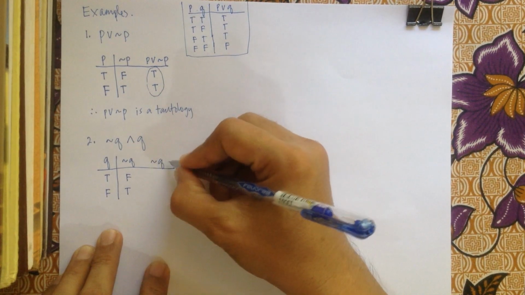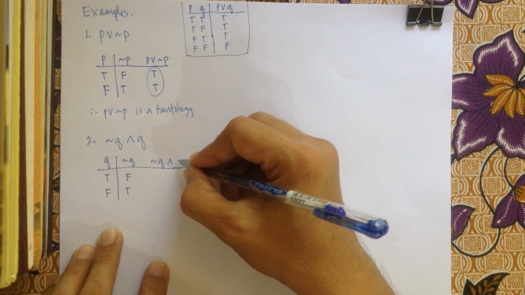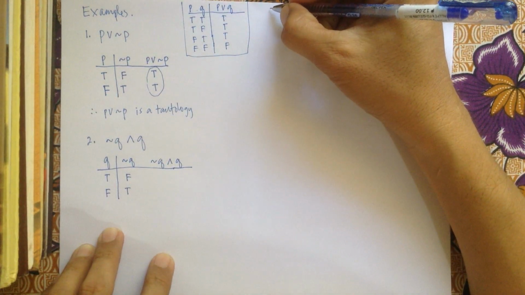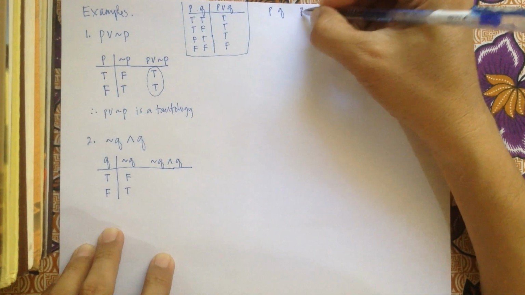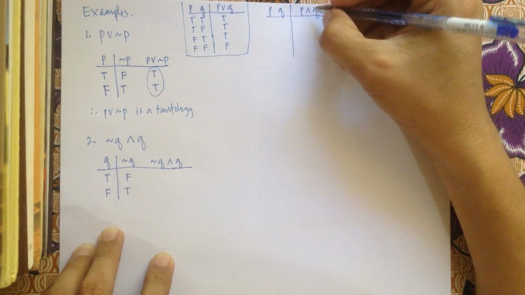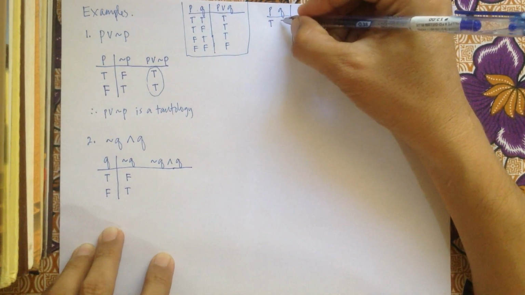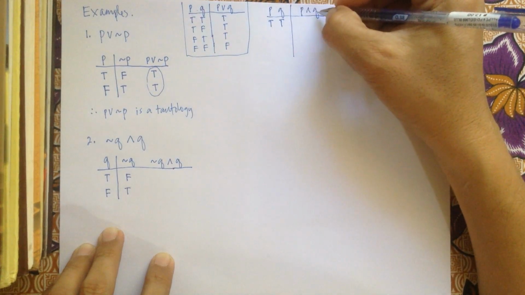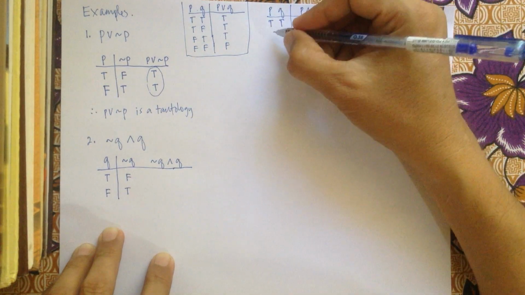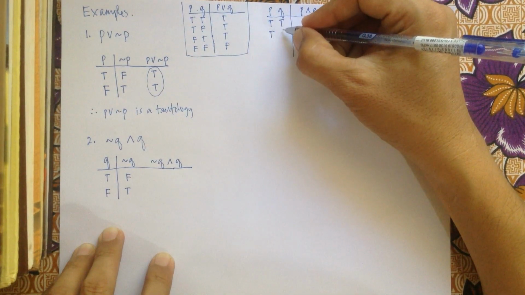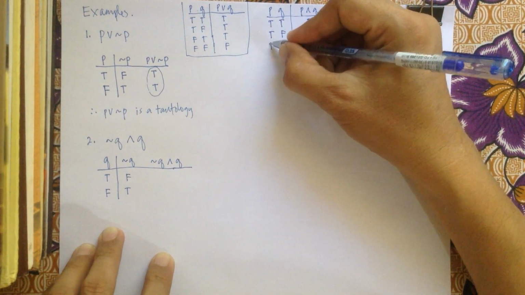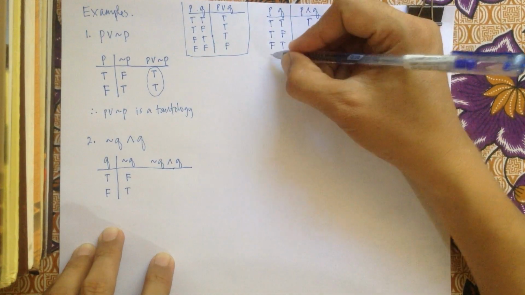And for the truth value of negation of Q and Q, again, we recall the truth table for P and Q. There's only one instance where P and Q is true, and that is when both P and Q are true. But when at least one of them is false, then your P and Q is false.